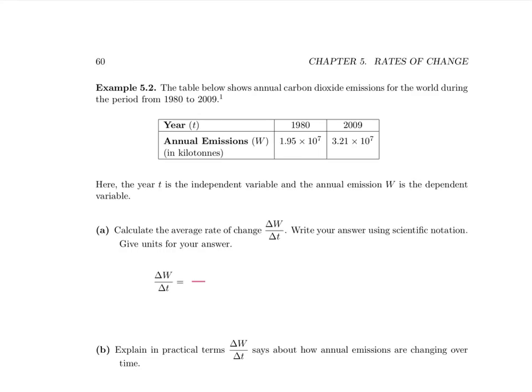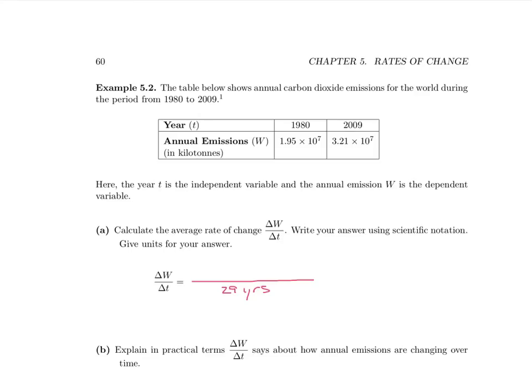So let's go ahead and calculate this ratio. First of all, in the denominator, we calculate the change in time. In going from the year 1980 to the year 2009, the change in time, in other words, the time elapsed, was 29 years. The numerator is the change in the emissions.